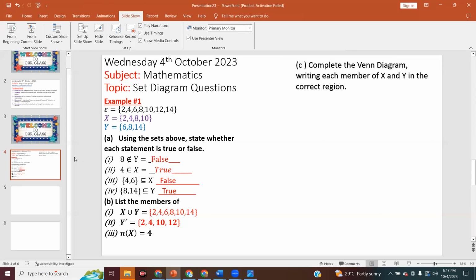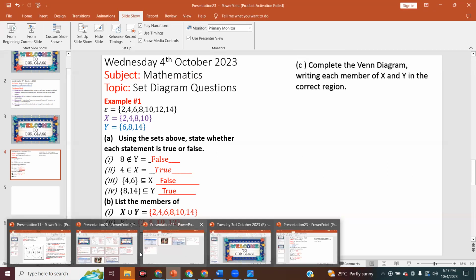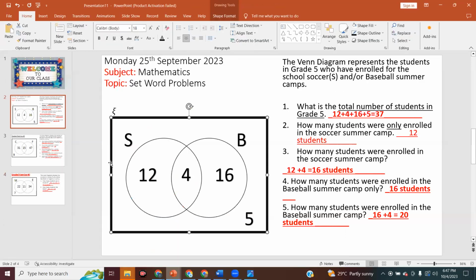All right, so we have to use these same three sets, the universal set, X and Y, to complete the Venn diagram. So let's do that. Let me use this Venn diagram from here.